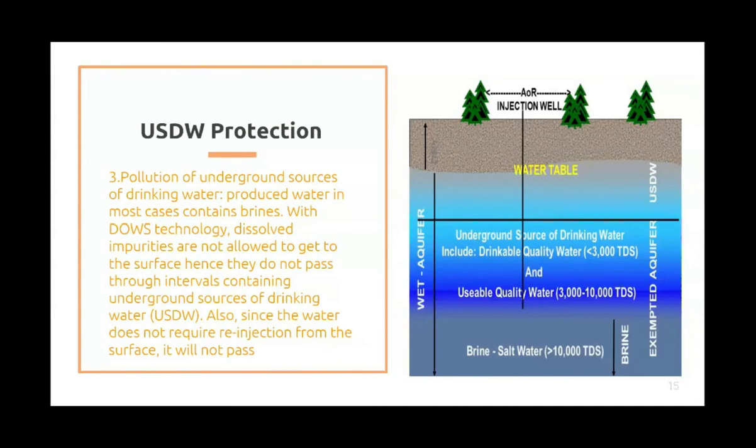With the downhole oil water separator technology, dissolved impurities are not allowed to get to the surface, hence they do not pass through intervals containing underground sources of drinking water. Also, since the water does not require injection from the surface, it will not pass the aquifer.